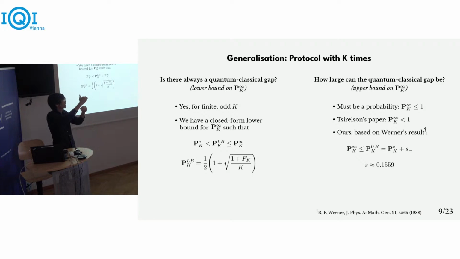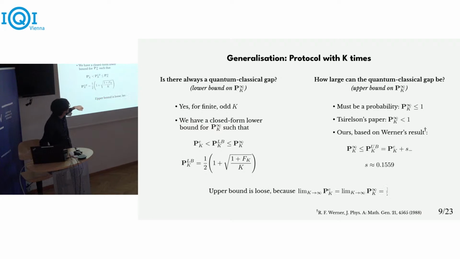You can only go up to a certain constant larger than the classical bound. But even this bound is loose. And we know this because as k goes to infinity, both the classical and quantum cases will converge to half. And so even this, which is improved from Tsirelson's paper, is still quite loose. And this has been in our minds since we started this project.